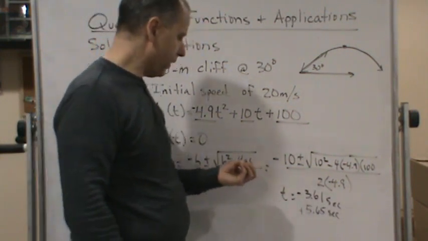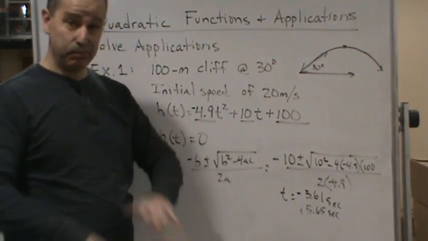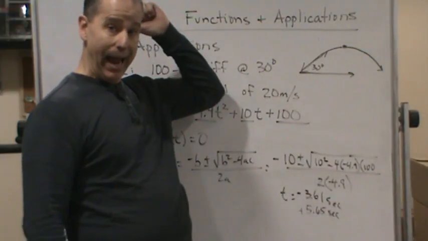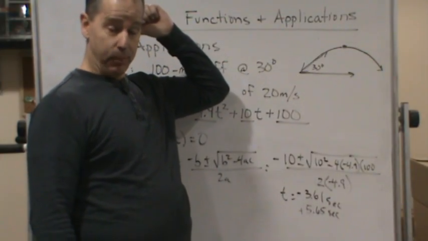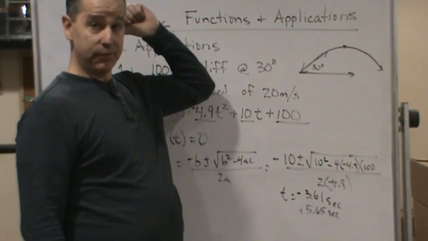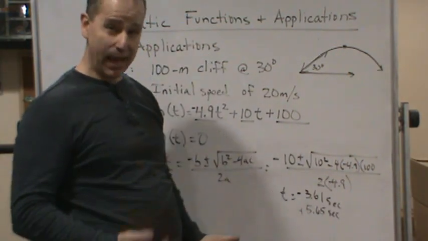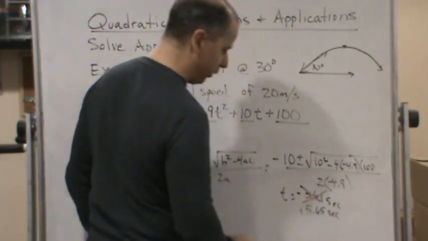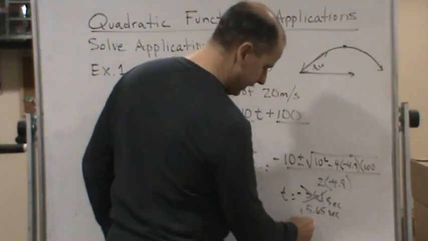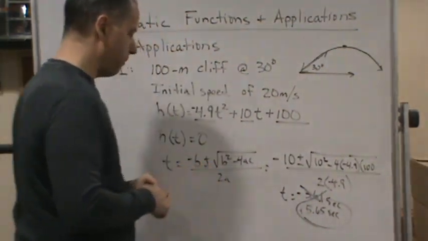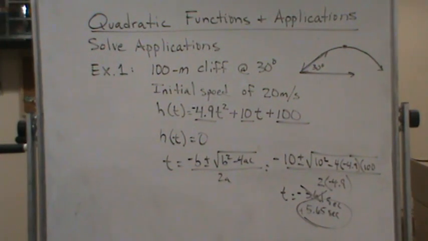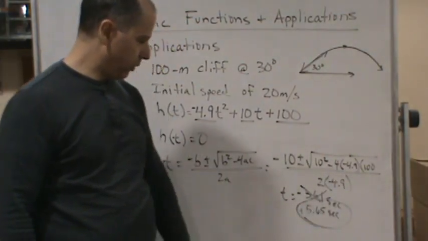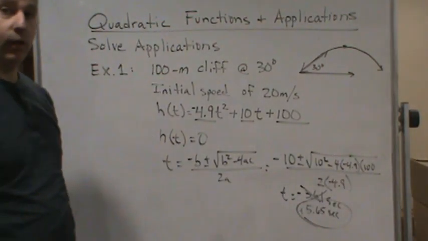So in this case, the negative 3.61 seconds makes no sense whatsoever, because that means that the rock hit the ground in the past, approximately 3.5 seconds before we threw it. So that makes absolutely no sense. So we would not count that as a real answer. So the real answer is 5.65 seconds. Okay? That is the answer. So the rock hit the ground approximately 5.65 seconds after release.